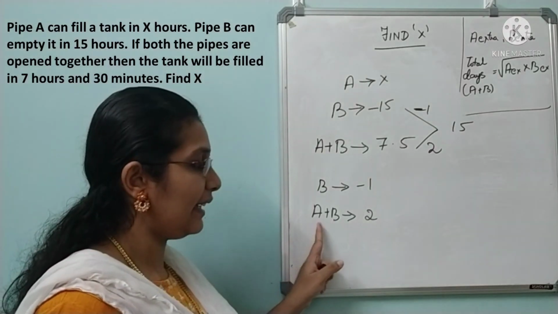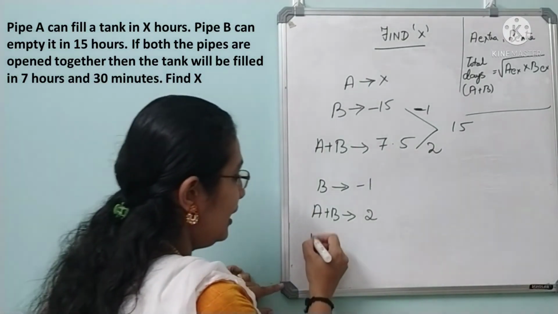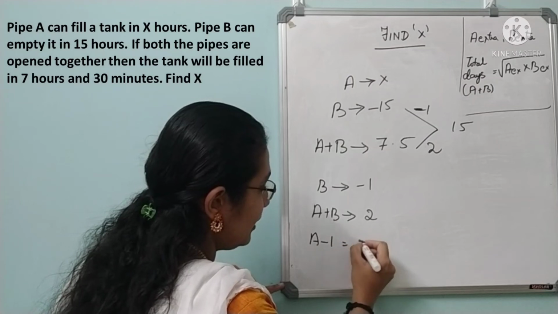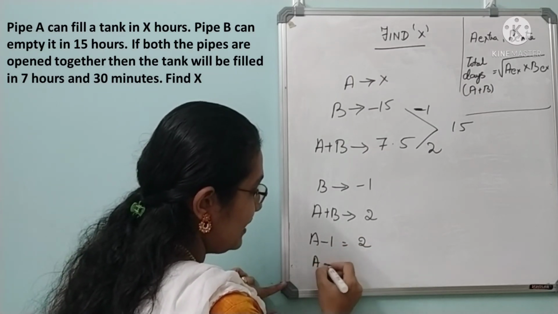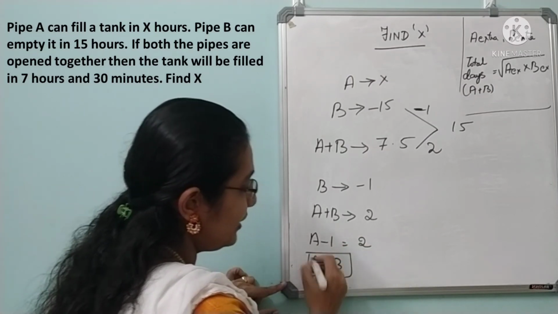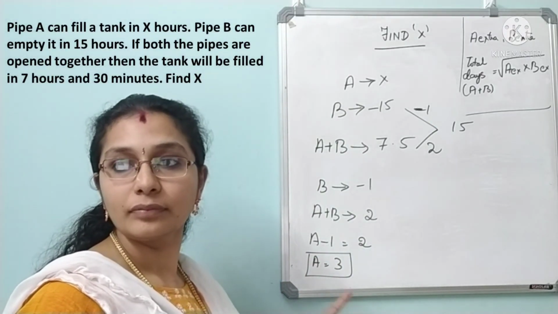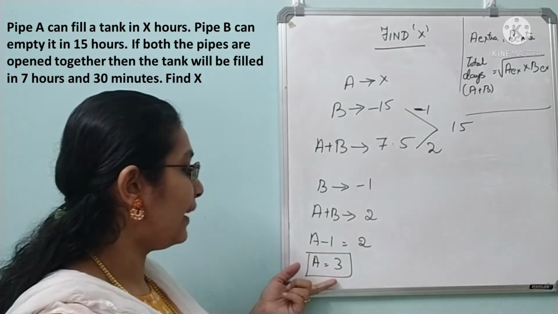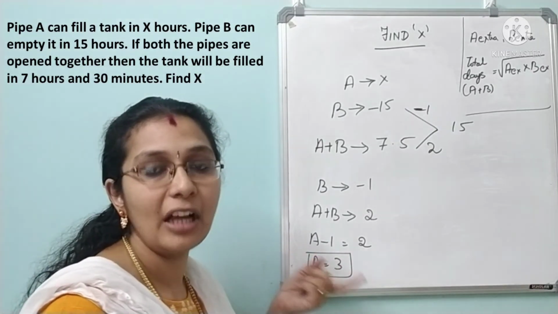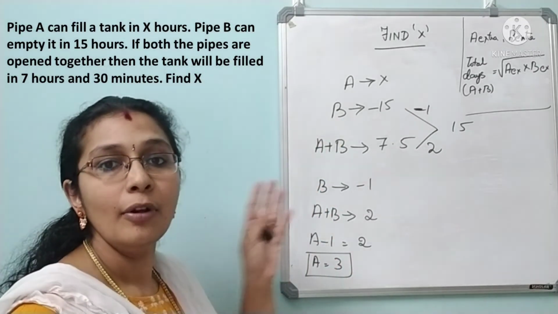From this you can find A's efficiency. A minus 1 is equal to 2, so A is equal to 3. So the efficiency of A is 3. Now the question is we'll have to find X, that is, in how much time A will fill the tank.